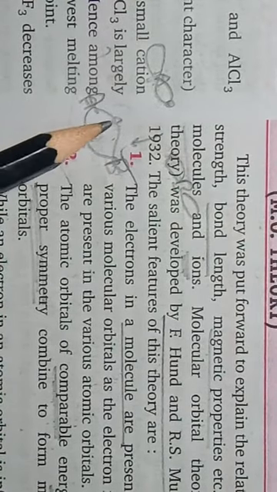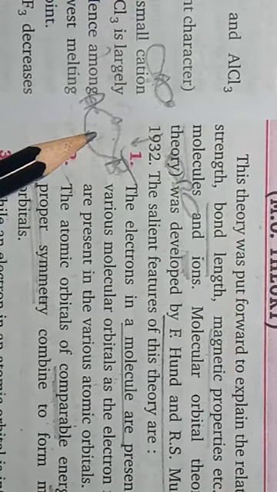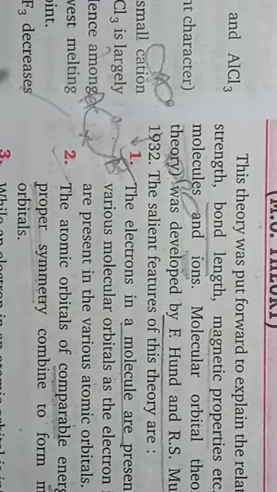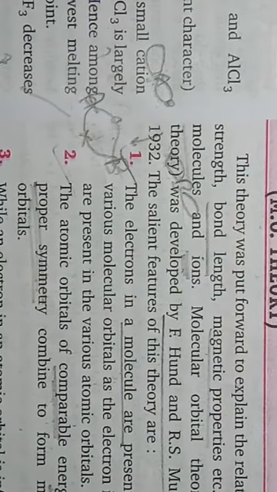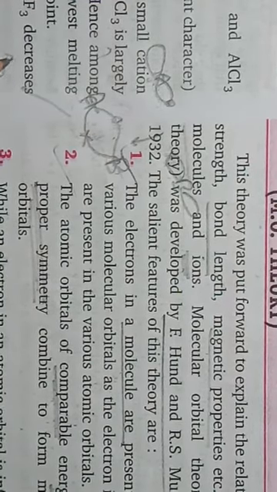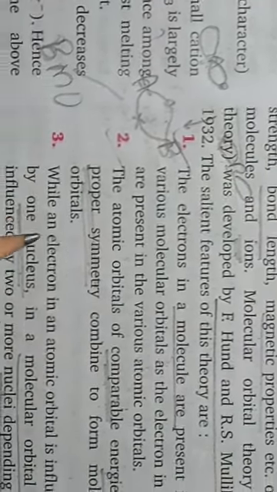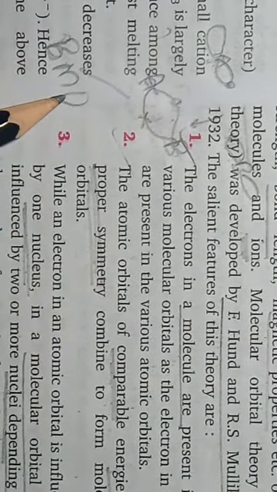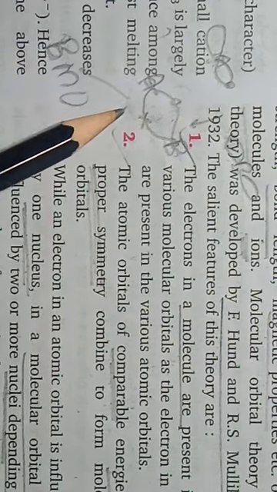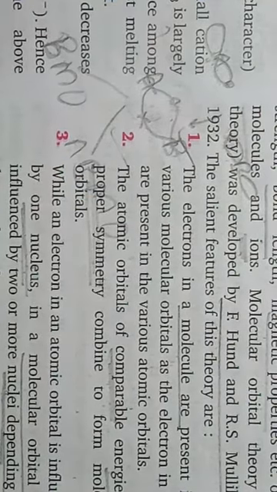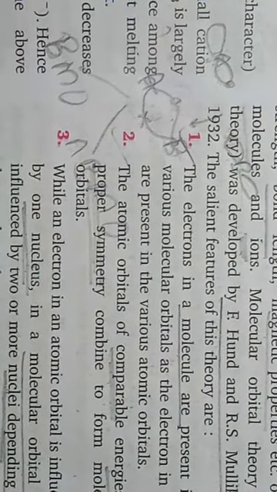Out of these two molecular orbitals, one will be known as bonding molecular orbital, in short written as BMO, and the second molecular orbital will be known as anti-bonding molecular orbital, ABMO.